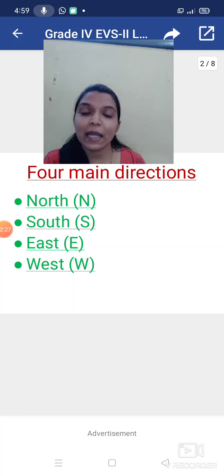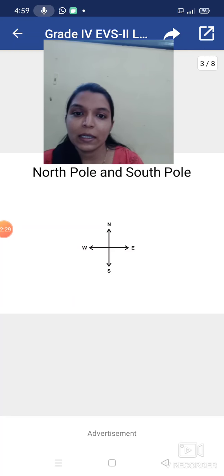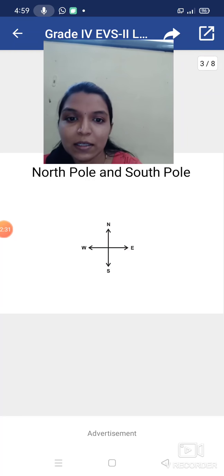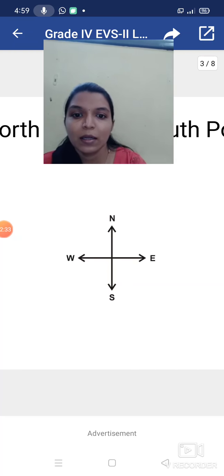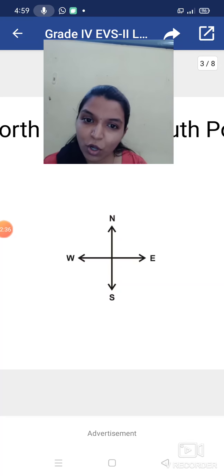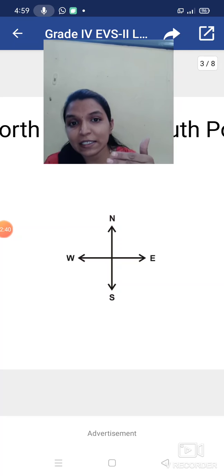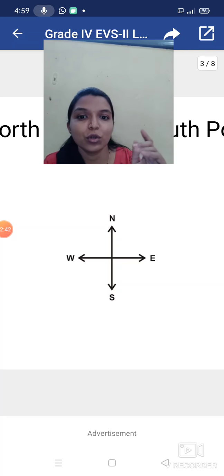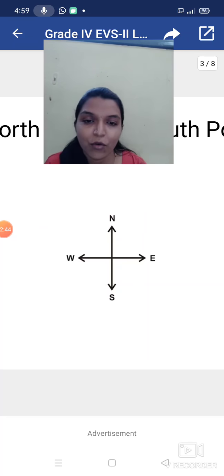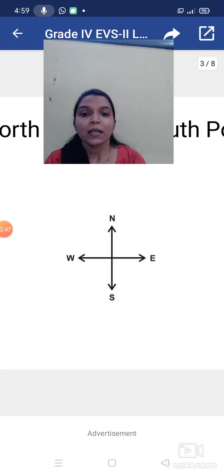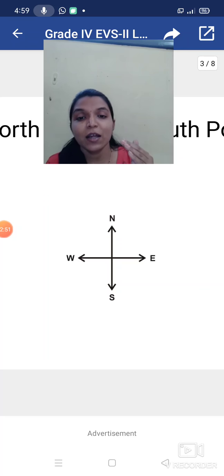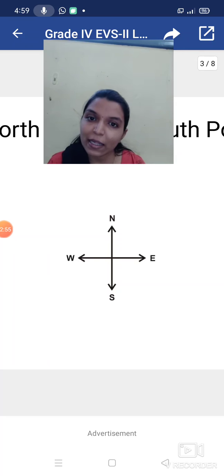In this diagram you can see, here N means north. Then opposite of north, which direction is there? It is south. Then east and west. The end of the north direction that we are considering is the north pole. Same for the south direction, what is it?